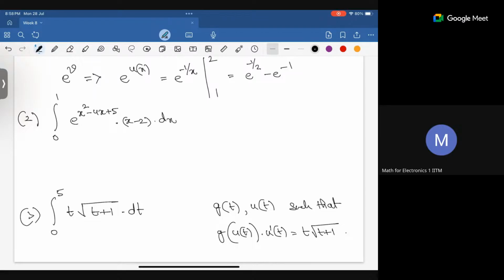Okay, so let's do this. And again, we want g of x and u of x such that g of u of x into u prime of x is actually equal to this x minus 2 into e power x square minus 4x plus 5.